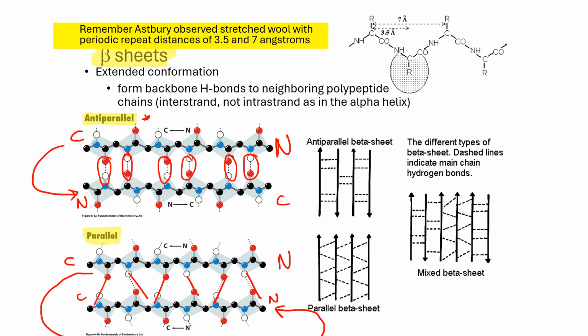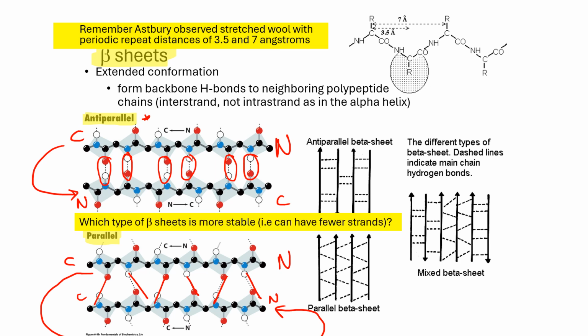Now, the significance is that these anti-parallel beta sheets are stronger than our parallel beta sheets. Now, different types of beta sheets can exist. You can have a mixture of them. You could have a beta sheet that's exclusively parallel or an exclusively anti-parallel beta sheet.